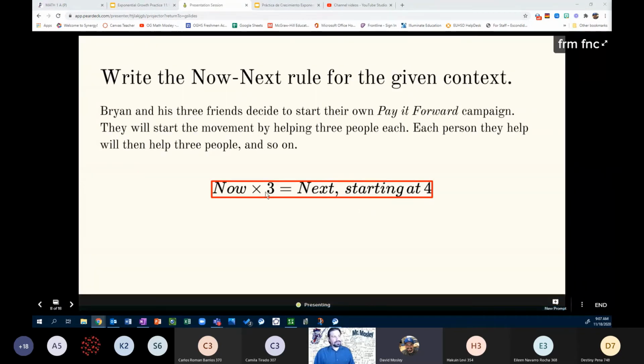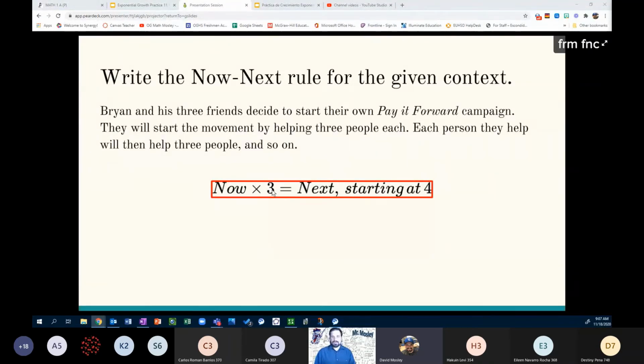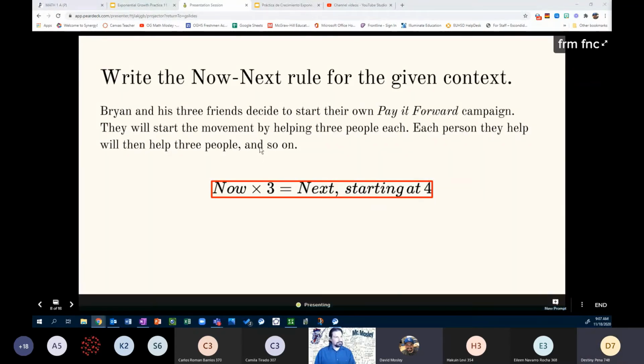So someone tell me, where does the 3 come from? Where do we get the multiple of 3? The 3 friends. So we do have 3 friends, but that's not where we get the multiple of 3 from the context.